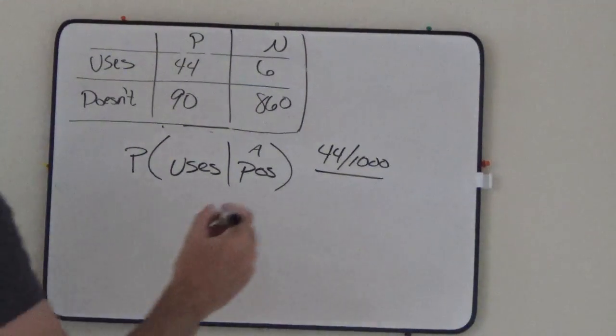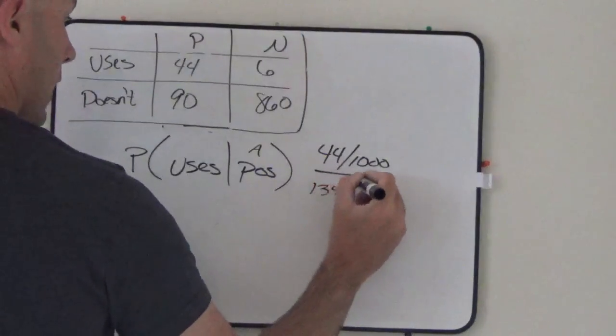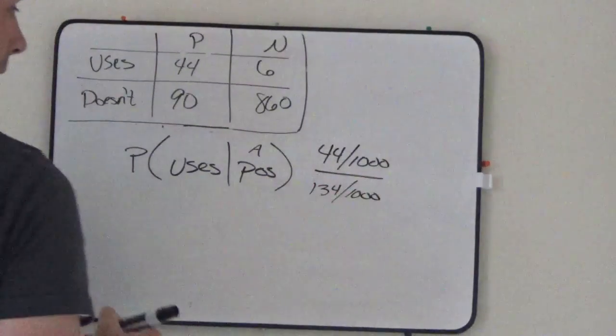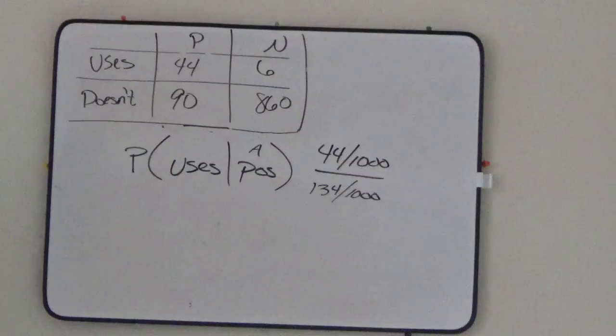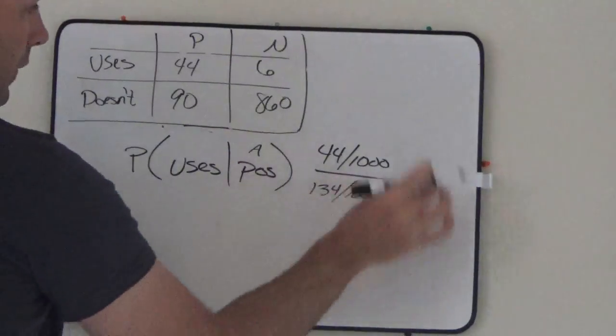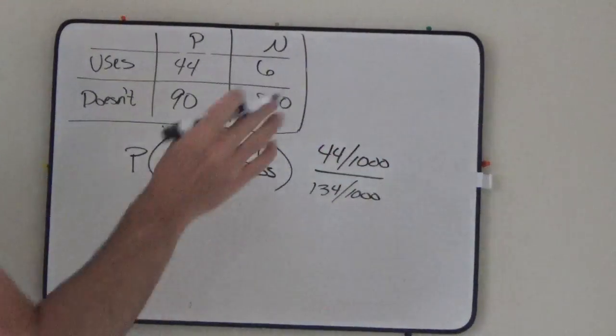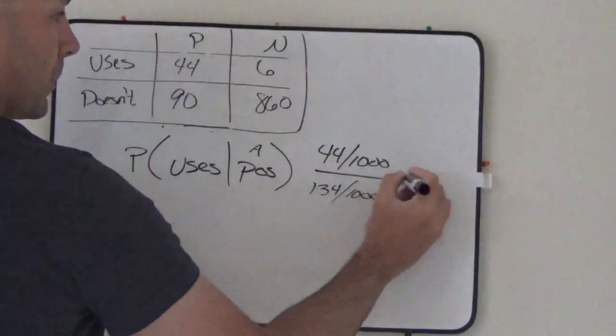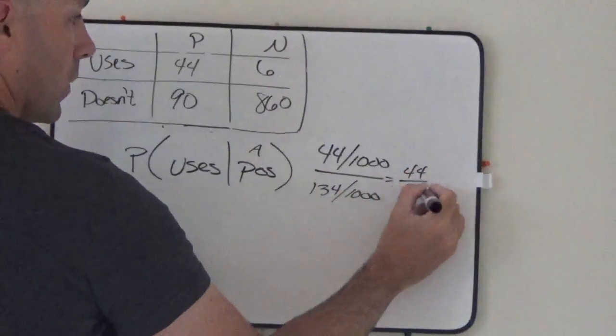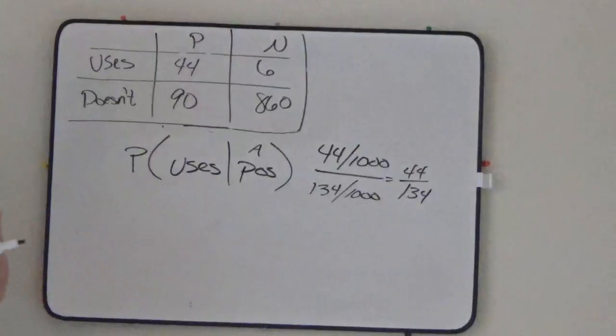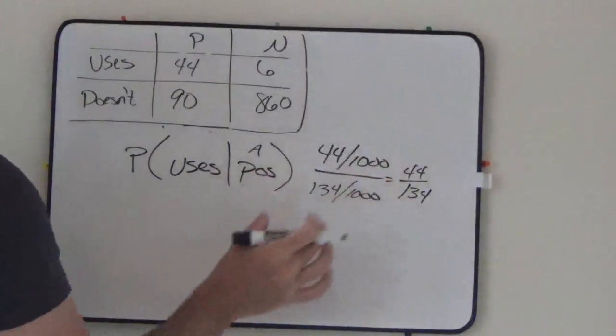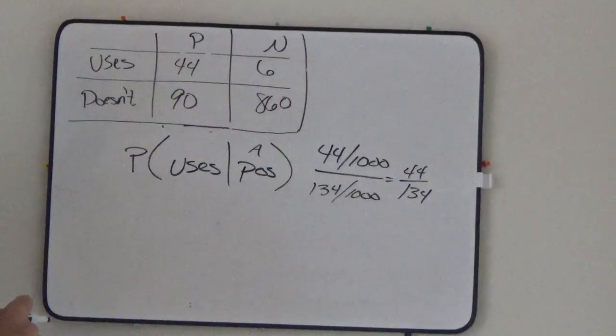So there is 134 out of 1,000 that have a positive result. Guys, again, you're going to flip this one up to the top and multiply. The thousands will cancel out. You're really going to end up with 44 over 134. But you can just use it in your calculator. Just make sure you put the top in parentheses and the bottom in parentheses, and you divide them. And when you finish solving this, you will get 0.328.